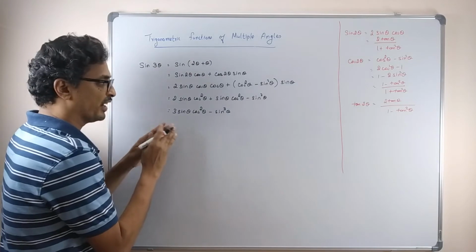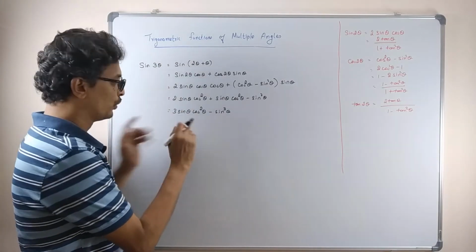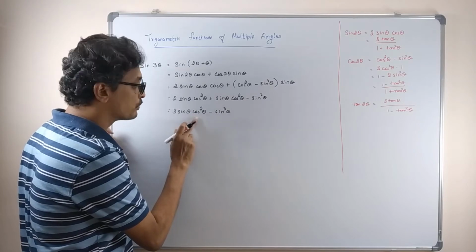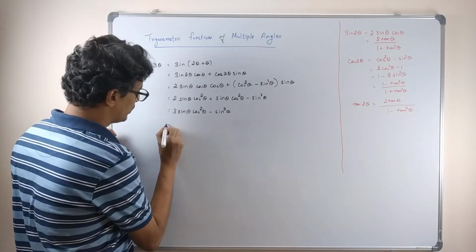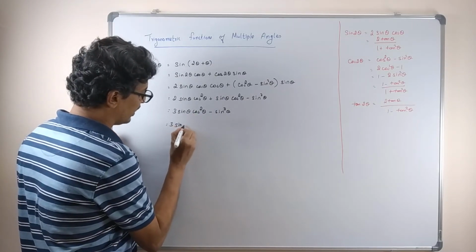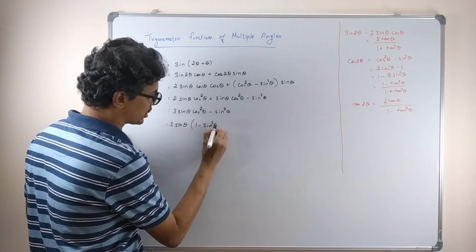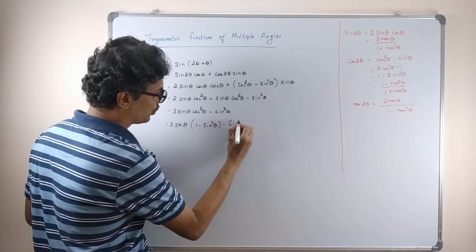I said we want to express everything in sine, correct? So we will express the cos square in terms of sine. That means 3 sine theta times 1 minus sine square theta, minus sine cube theta.